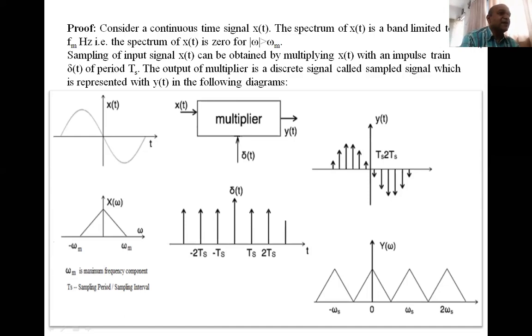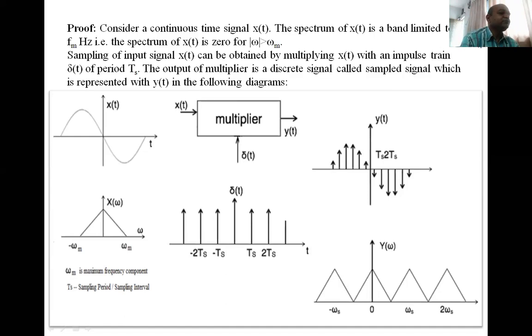A train of pulses is represented. Each point is marked Ts, 2Ts, 3Ts, and on the left hand side minus Ts, minus 2Ts, minus 3Ts. That's why it is called a pulse train.